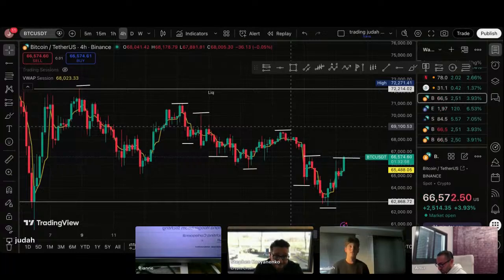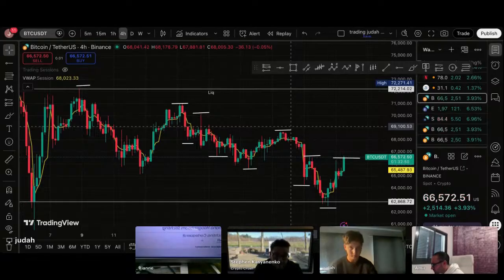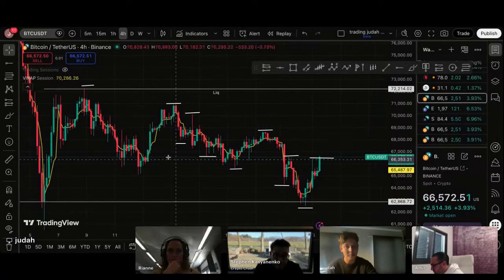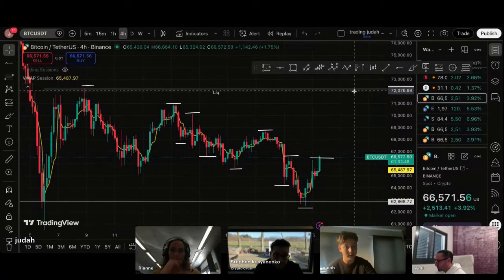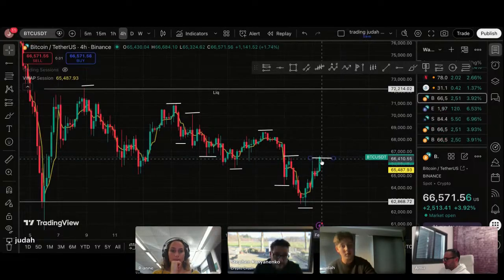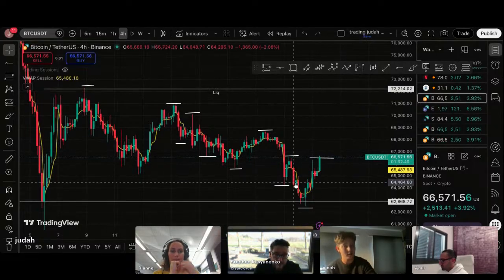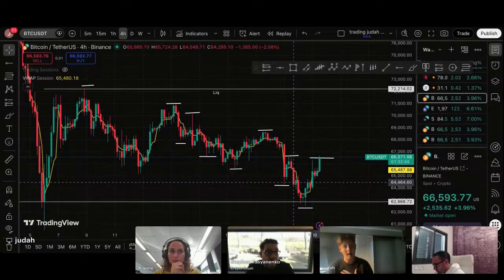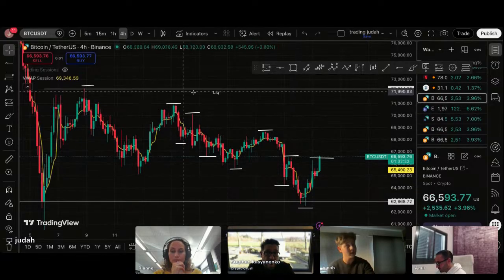So I probably think the liquidity at 72,000 is going to get taken out soon, but I don't know what's going to happen first, because in order to get the liquidity up top, which is millions and millions and millions, we first need to break this market structure. If the market structure stays bearish, I cannot be bullish. No, understood. There's a lot of liquidity here, but first we need to change market structure.